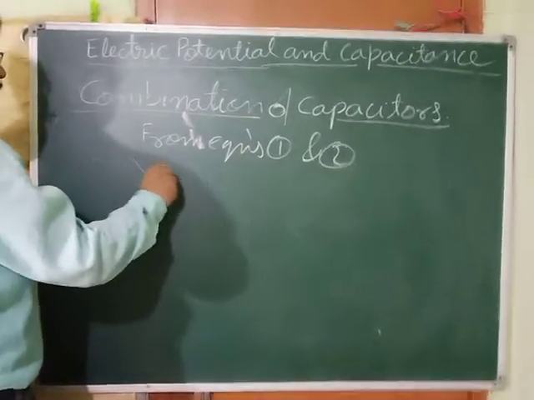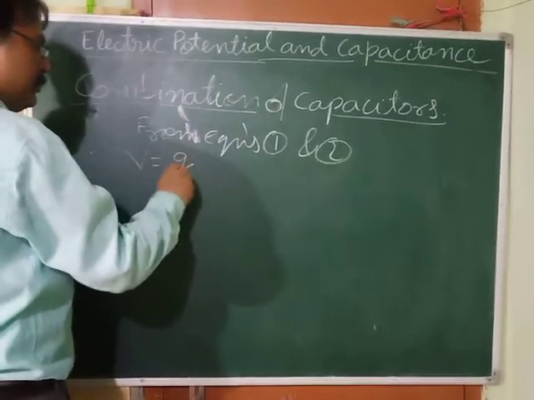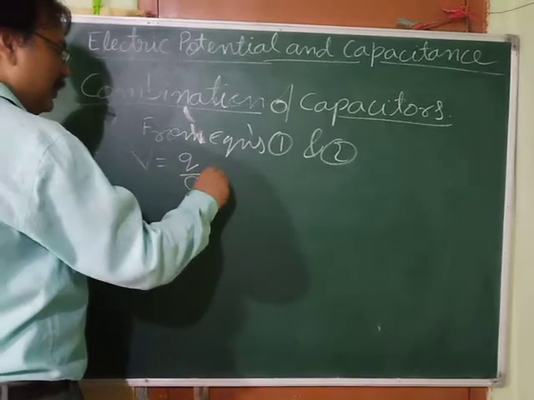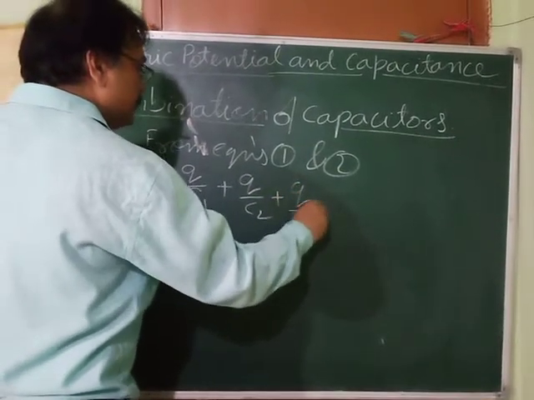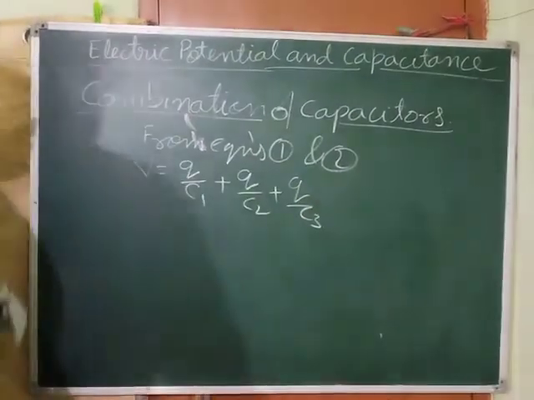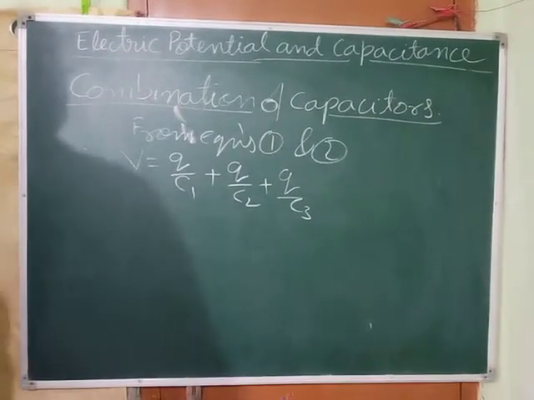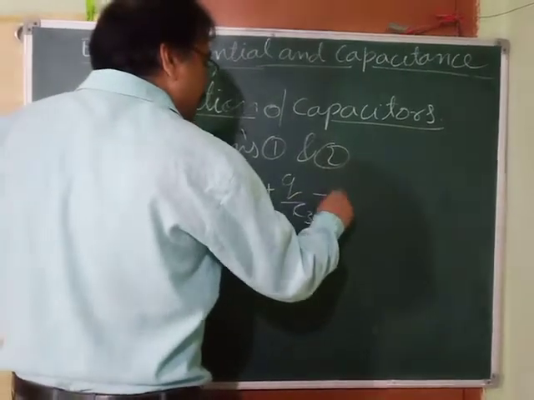V is equals to, V1 was what? It was Q by C1. V2 is Q by C2 and V3 is Q by C3. That we have got. Now let us mark this equation number 3.